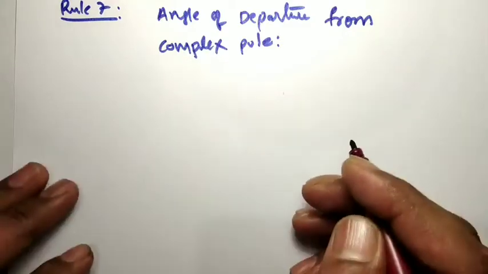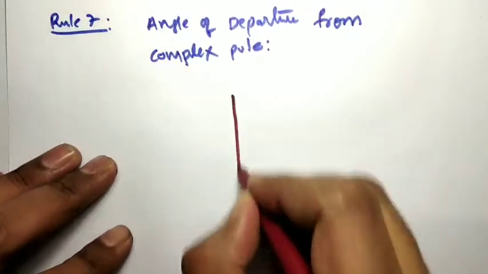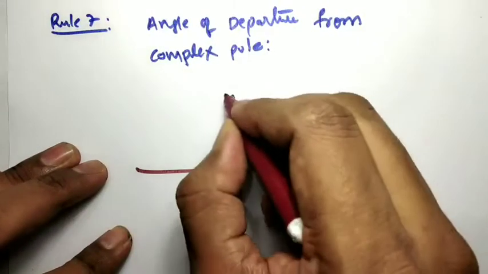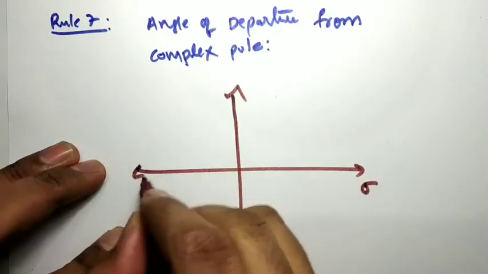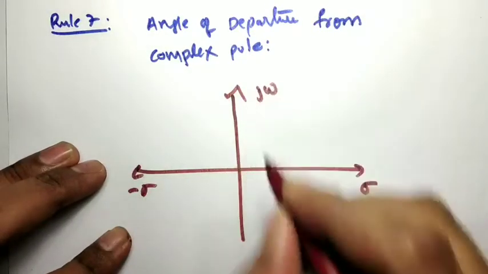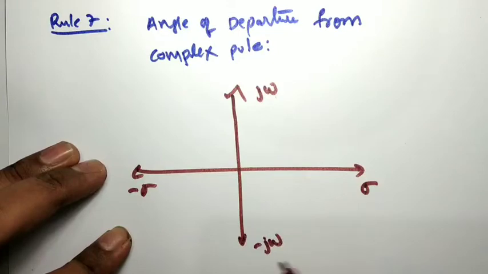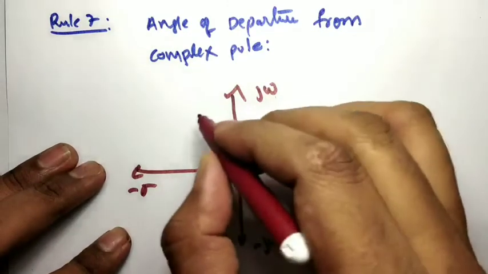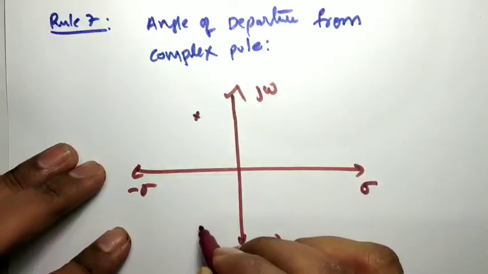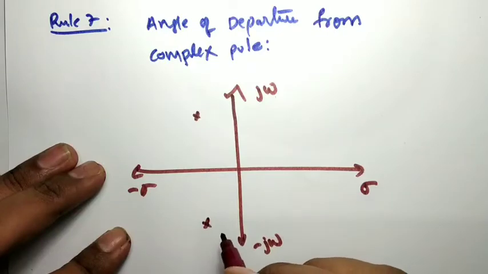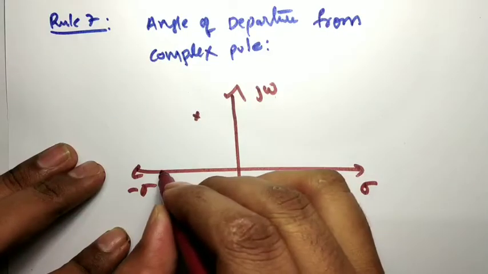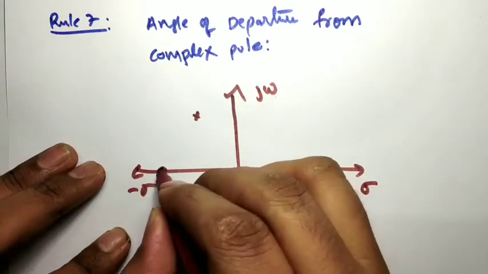You draw your S plane. Here is one complex pole, and here is another complex pole. Here is a 0, and here another 0.